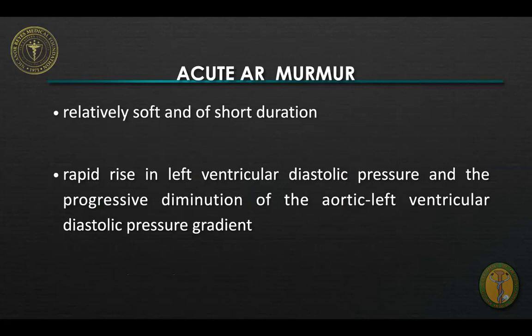Acute aortic regurgitation murmur is relatively soft and of short duration, due to a rapid rise in left ventricular diastolic pressure and the progressive diminution of the aortic to left ventricular diastolic pressure gradient.